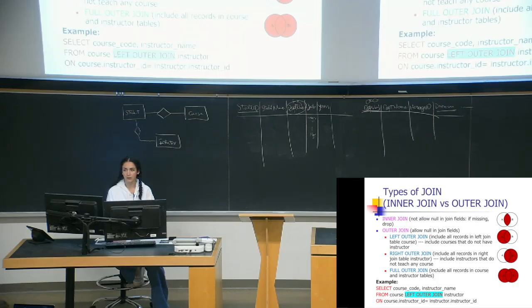Okay, so in this case, if you want to join course table, let's keep this example that I wrote here. Selecting course code and instructor name from course, left join instructor, and then sharing the common attribute instructor ID, right? Now, what is the left table here? If I write from course, left join instructor.